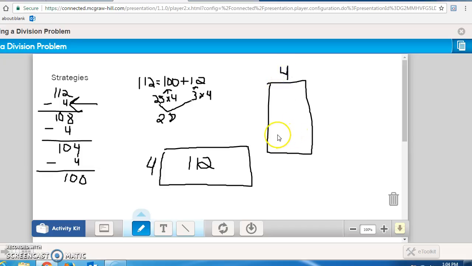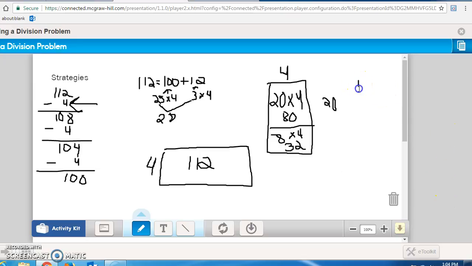And I know that 20 times 4 equals 80. And I know that 8 times 4 equals 32. Sorry, I forgot to put my 20 over here.